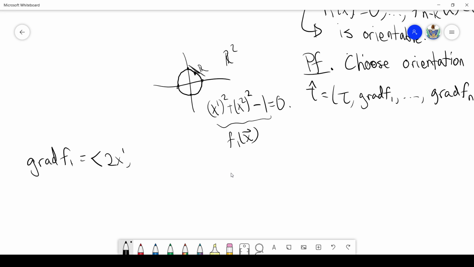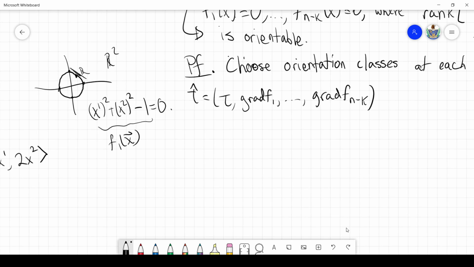And then the second component, if we take a derivative with respect to x2, we'll get 2x2. So if we look at this, at each point, the gradient is essentially going to be pointing in this direction. It's going to have double the length though, because of this 2. But the thing to notice here is that it's going to be perpendicular to the tangent space, or in particular perpendicular to the surface, but perpendicular to the tangent space is more well defined.